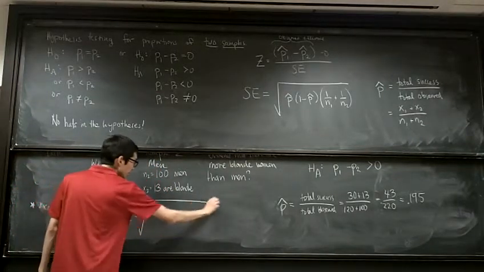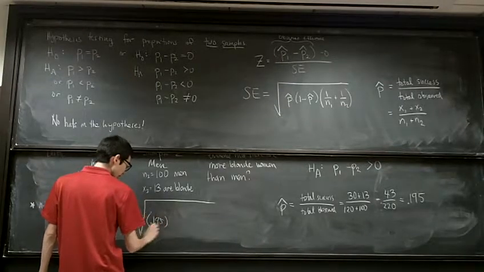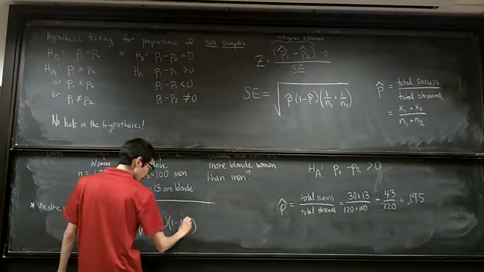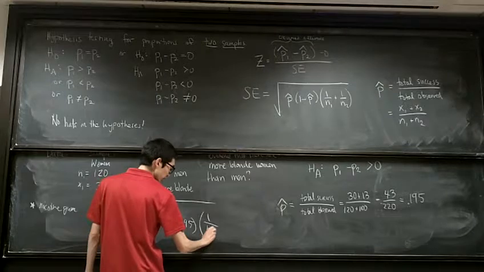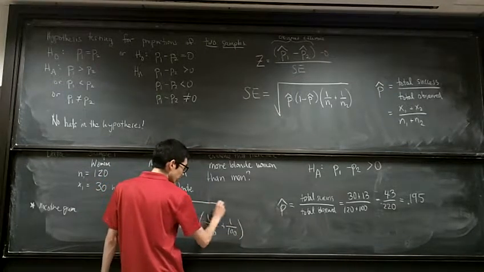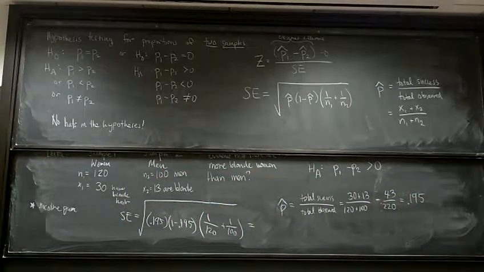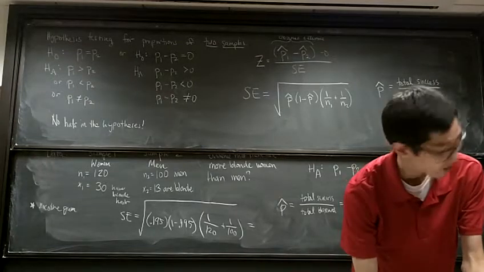Standard error is 0.195 times 1 minus 0.195 times 1 over n1, 120, plus 1 over n2, 100. See if you can do this on your calculator.